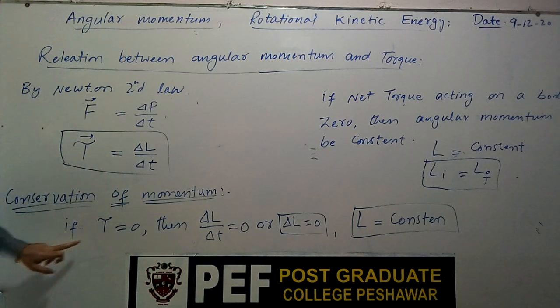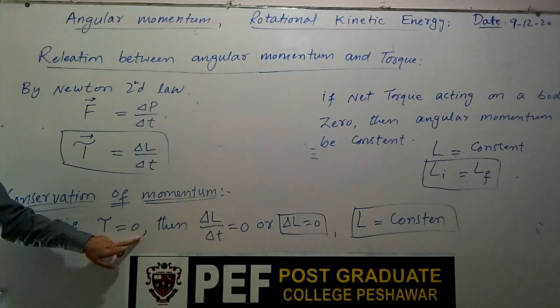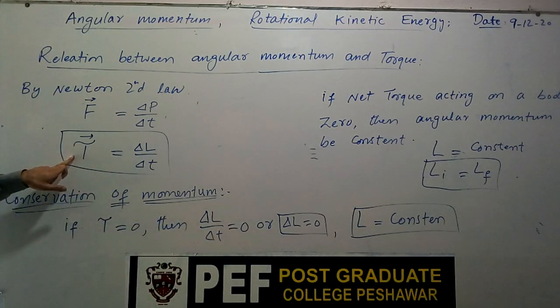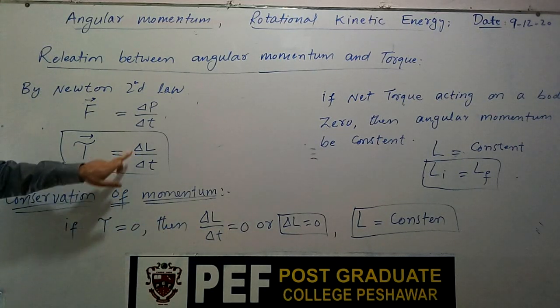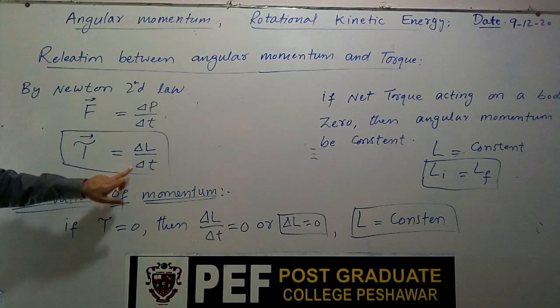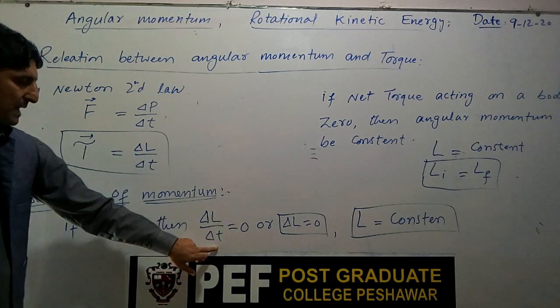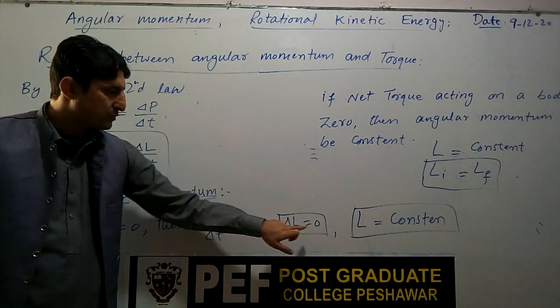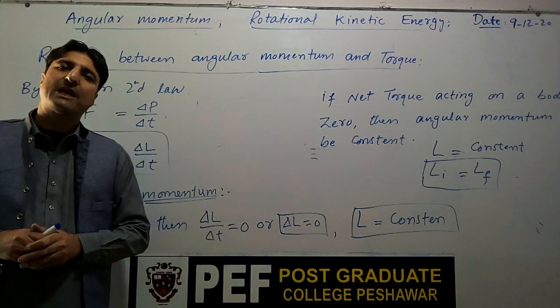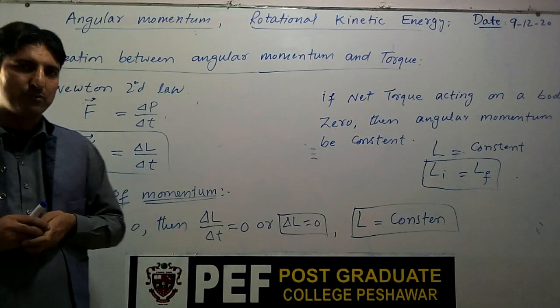Now let's suppose torque equals 0. What does it mean? If torque equals 0, then rate of change of angular momentum, delta L divided by delta T, will be equal to 0. You can multiply this T here, it will become 0. So delta L equals 0. Delta L represents change in angular momentum.